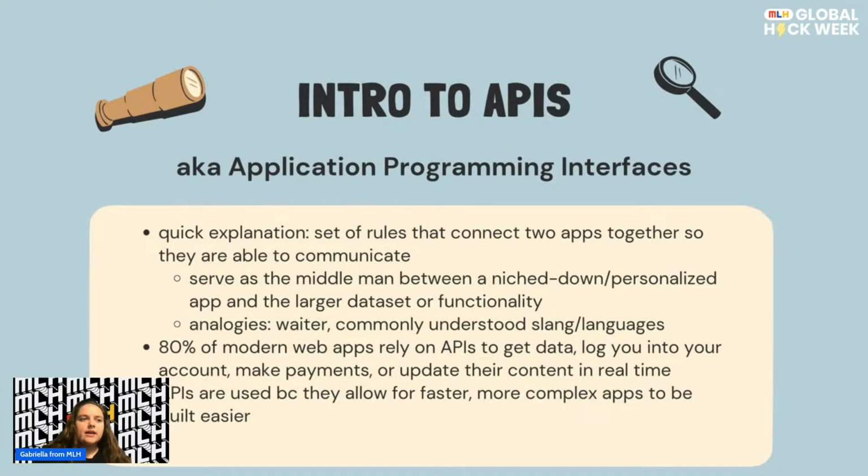I'm thinking of the Belly app, which if you're unfamiliar is a food reviewing app. Or a very niche-down website like the MLH website, where you're able to log into my MLH.